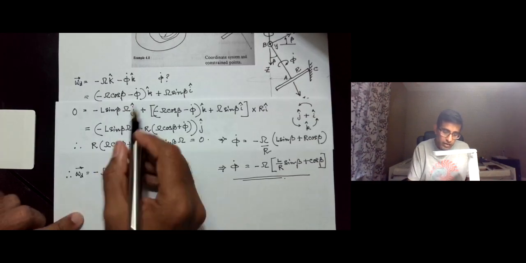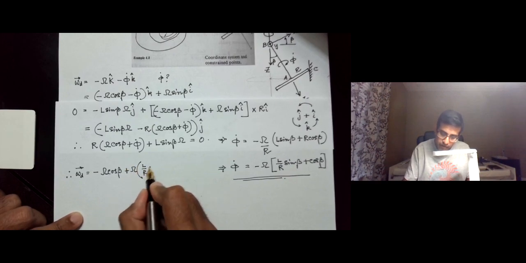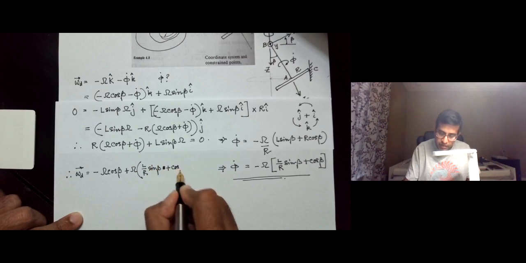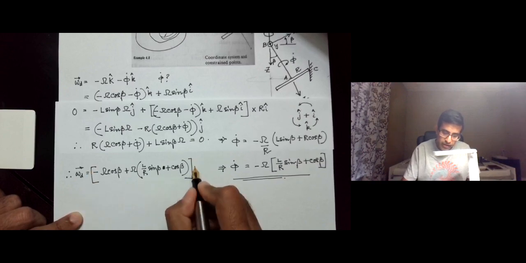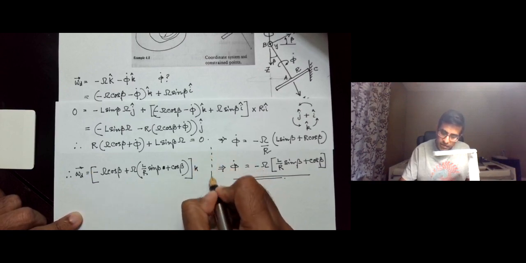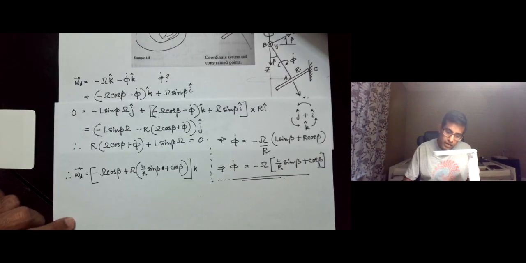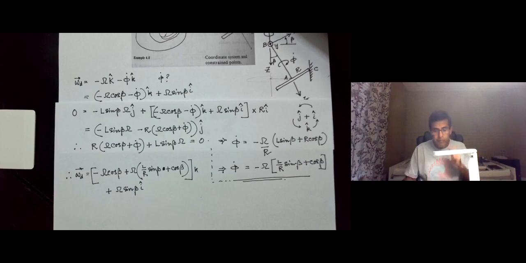So minus phi dot is going to be plus omega L over R sine beta plus cosine beta, whole thing times k, plus omega sine beta times i.